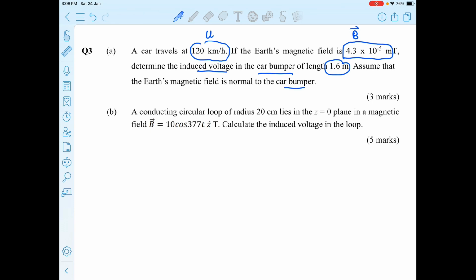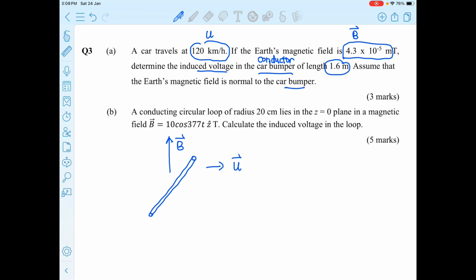We have to make some assumptions in this question. The first assumption is the car bumper is made of conductor. Imagine this is the bumper, made of conductor, and it is moving with speed U. Your magnetic field is normal to your car bumper, so I would say this is a 90 degree angle.